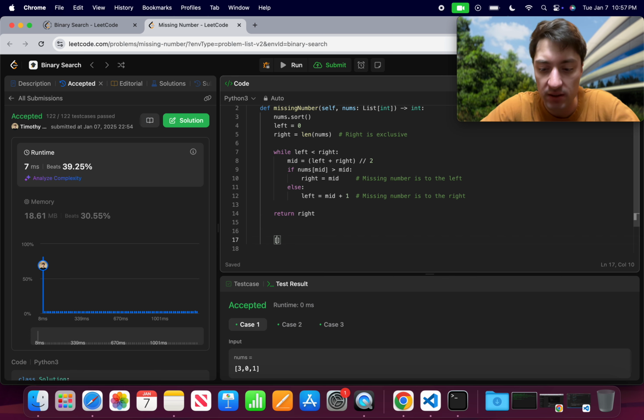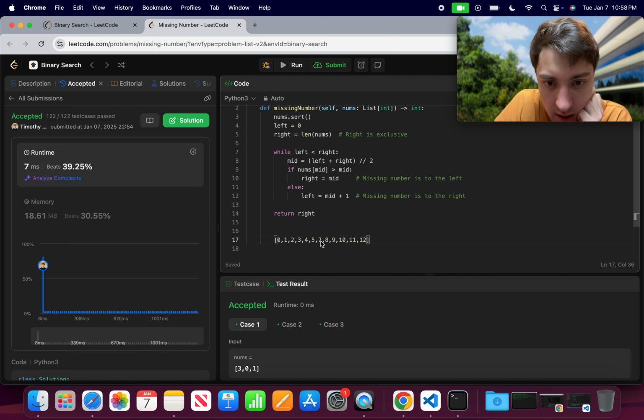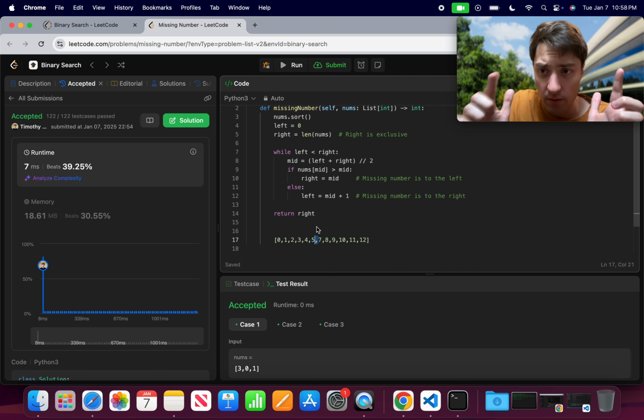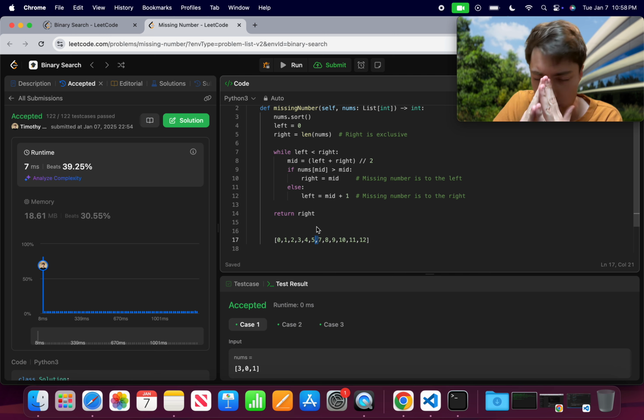Okay, so I have something like this: 0, 1, 2, 3, 4, 5, 7, 8, 9, 10, 11, 12. I am missing this 6 right here. I think the problem is I want to hone in on this 6.